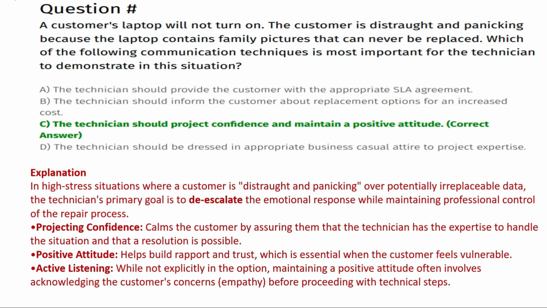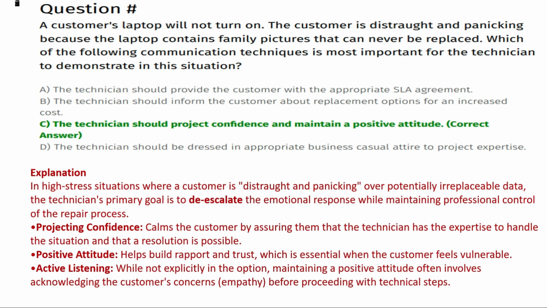So let's check the explanation. In high stress situations where a customer is distraught and panicking over potentially irreplaceable data, the technician's primary goal is to de-escalate the emotional response while maintaining professional control of the repair process. First, projecting confidence calms the customer by assuring them that a technician has the expertise to handle the situation and that resolution is possible.